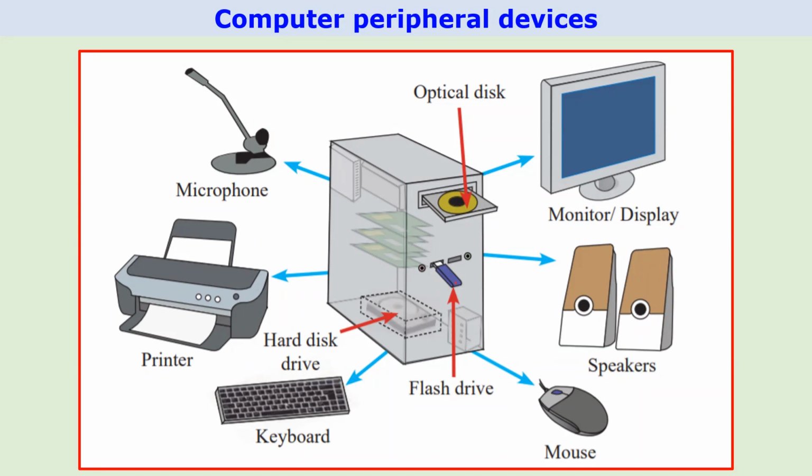In the middle, you can see a tube-like box. That is called the system unit. There are some devices you can find inside the system unit, such as the hard disk drive. I think you get the point, so remember some devices here.